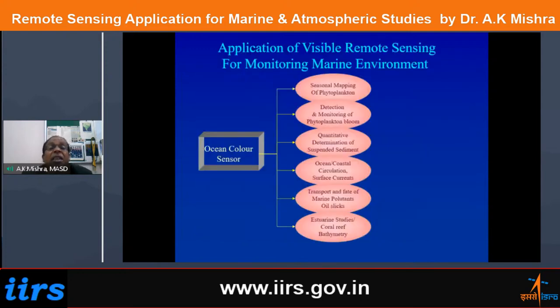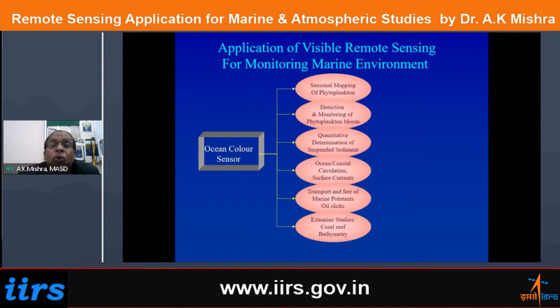These are the applications of visible remote sensing for monitoring the marine environment, that is, seasonal mapping of phytoplankton. I will show some of the global pictures that are available, and detection and monitoring of phytoplankton bloom.